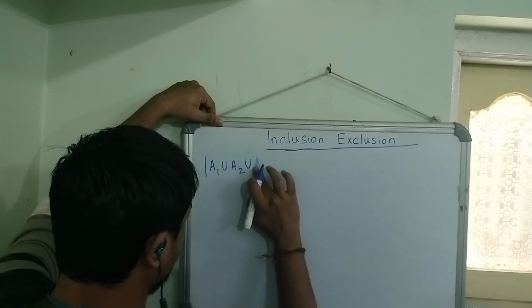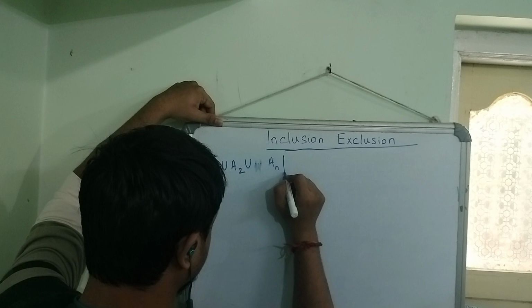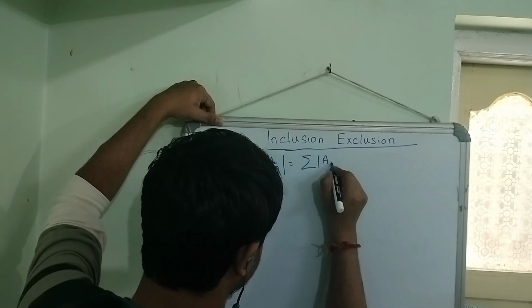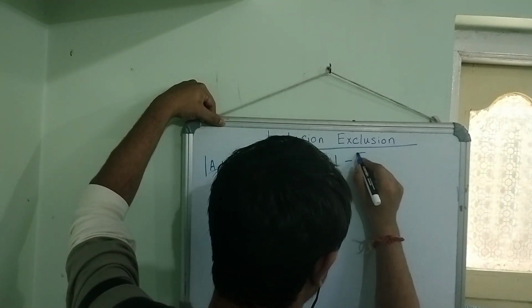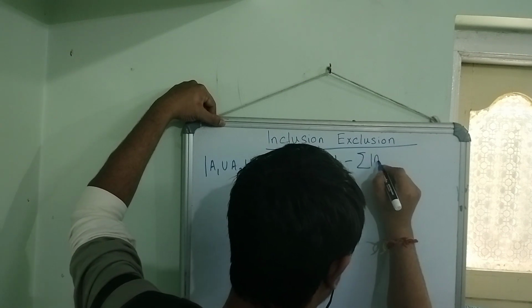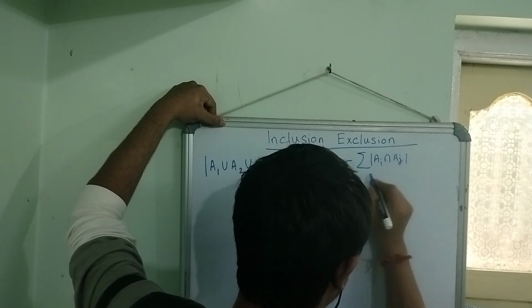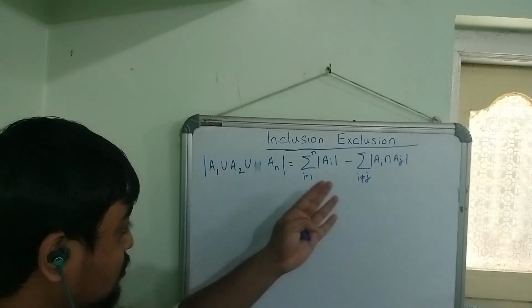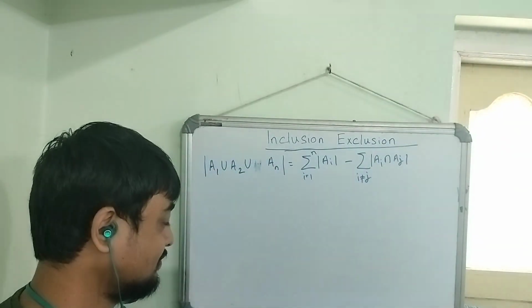I will just write dot dot dot, which means up to An, is equal to the summation of Ai's, where i is equal to 1 to n, minus the summation of Ai intersection Aj, i is not equal to j. Here all i, j, k, l belong to 1 to n. They are from 1 to n only. Otherwise it is meaningless.